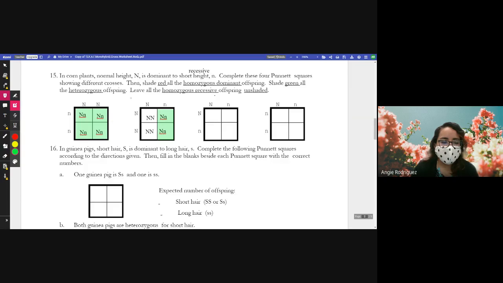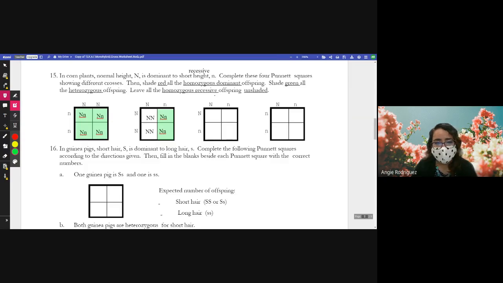Look at the little paragraph on the top. So these are heterozygous. These that are capital, are they dominant or recessive, the capital letters? Okay, so remember, recessive are the little letters. Those are the little letters. So the dominant ones then would be the capital letters.